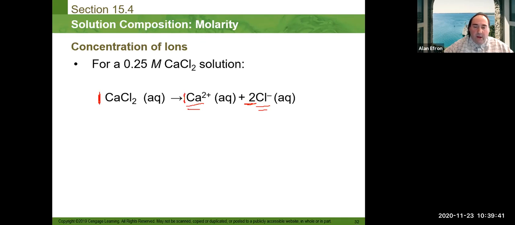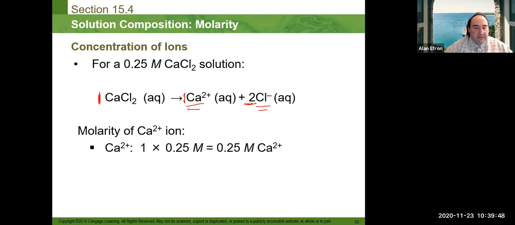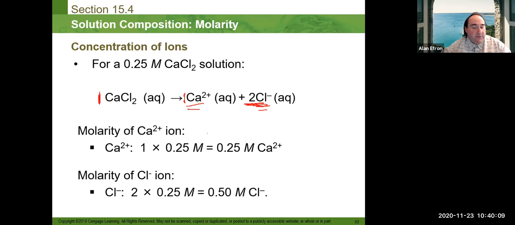Since it's a 1-to-1 relationship between calcium chloride and just the calcium ions, the concentration of the calcium ions would be the same. We would take 1 times 0.2 molar. That's different with the chloride. We get 2 chloride ions for every 1 calcium chloride unit that breaks apart, so we would multiply the concentration of the whole thing by 2.